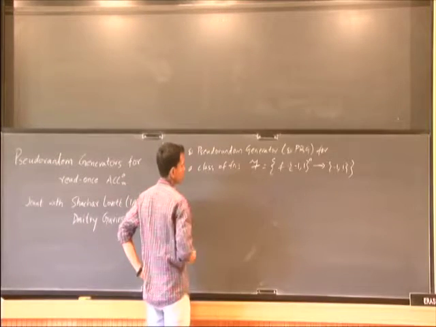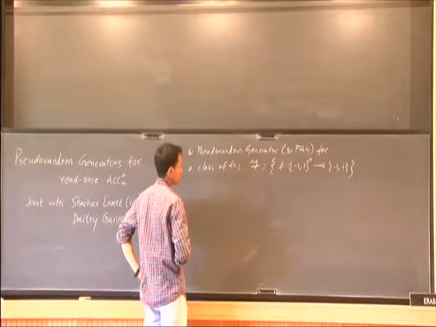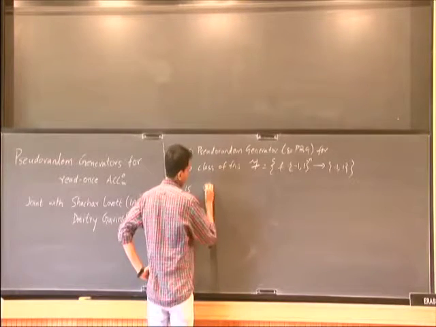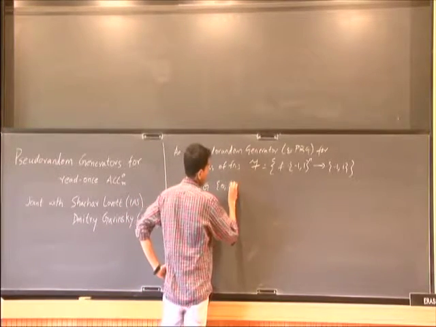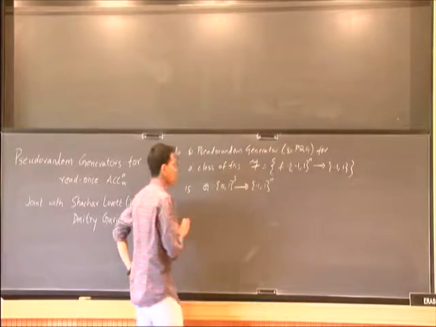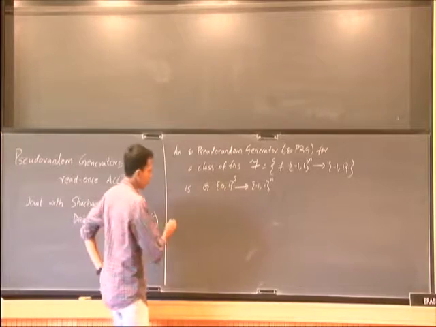So for some class of functions mapping n bits to 1 bit, a PRG is essentially a function that produces a distribution that looks uniform to this class of functions. So what does that mean?